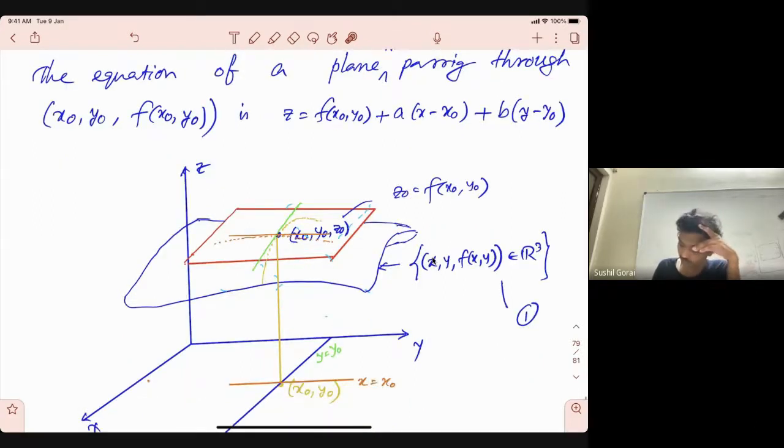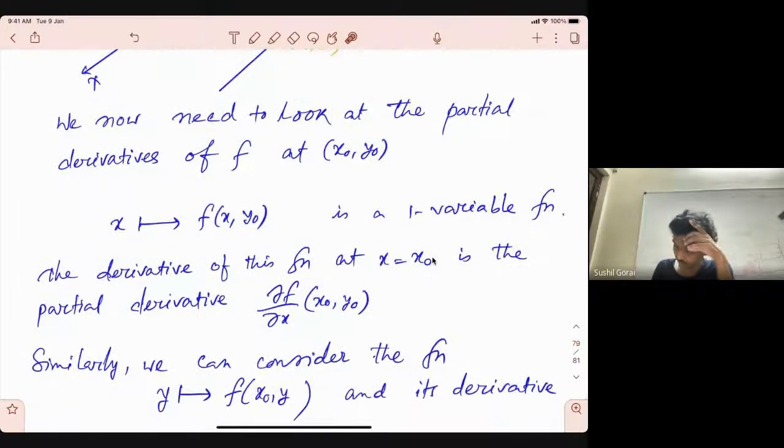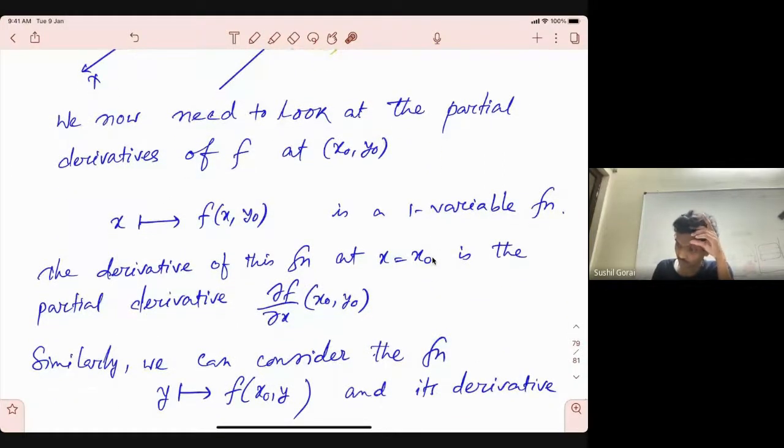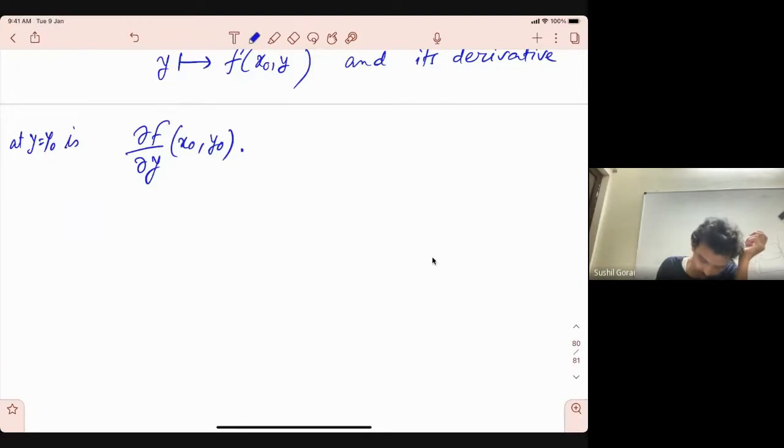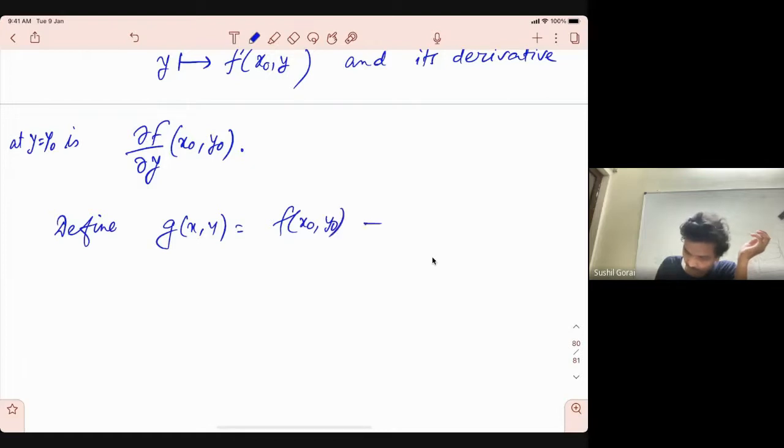So if you consider another function, something like this, so if you define g of x y to be f of x naught y naught plus a times x minus x naught plus b times y minus y naught.